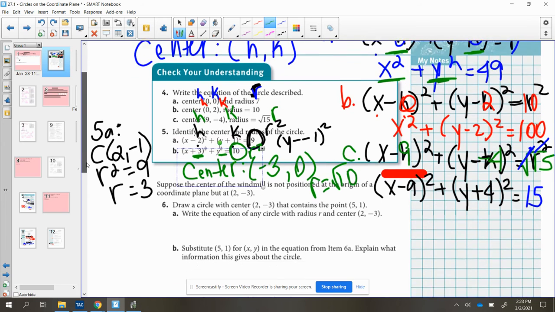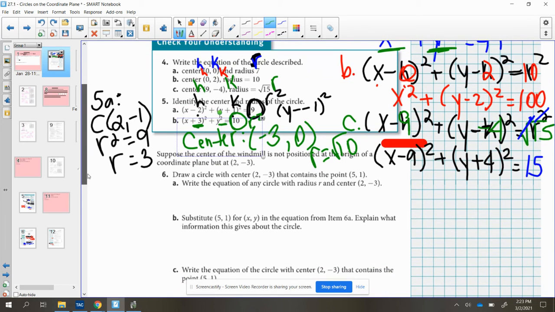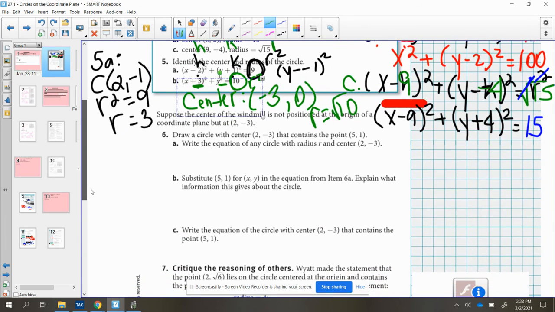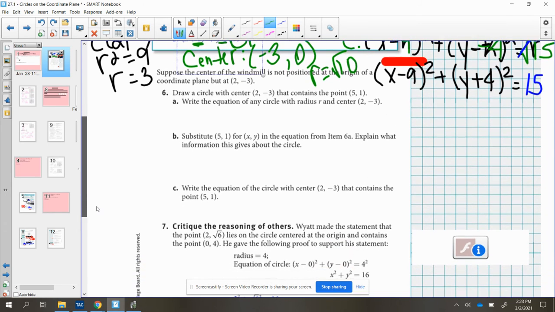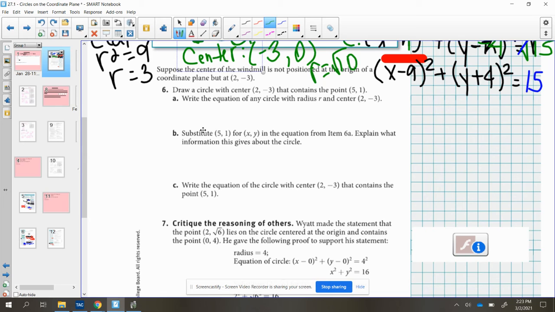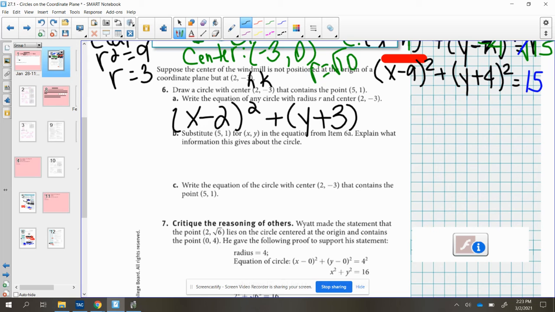Okay, now to finish out for today, we also want to be able to find the equation of a circle given a point on the circle. So first of all, we know that the circle has a center at h comma k. So x minus 2 quantity squared plus y minus negative 3 becomes plus 3.